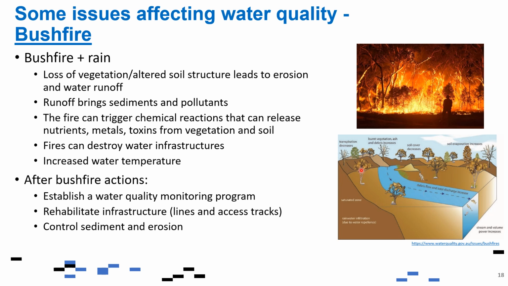For example, if you have a bushfire here and a water body, then all of this pollution will come into your water body and will affect not only the aquatic animals, but of course our treatment system may have a lot of stress and may not be able to completely and safely treat our water. So of course it has to be monitored well.